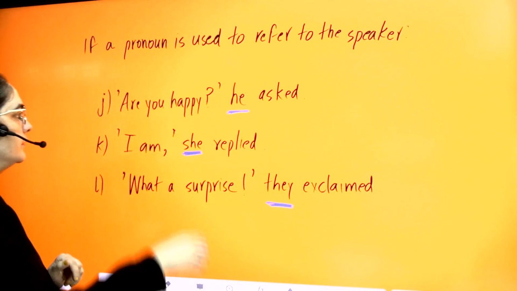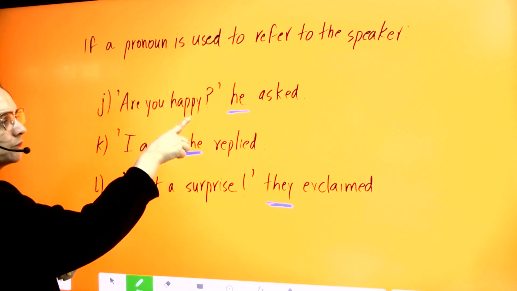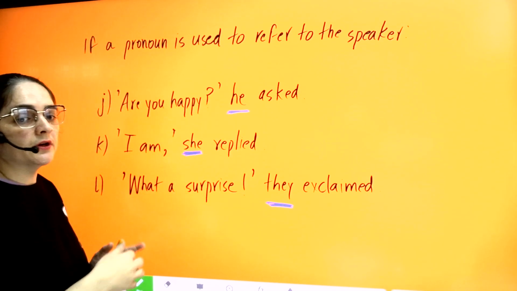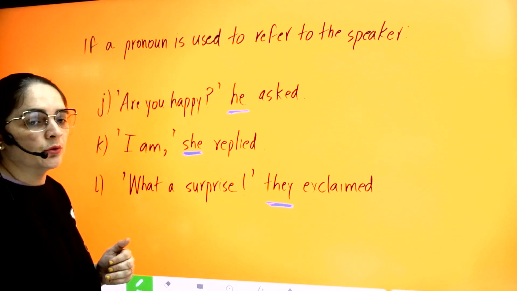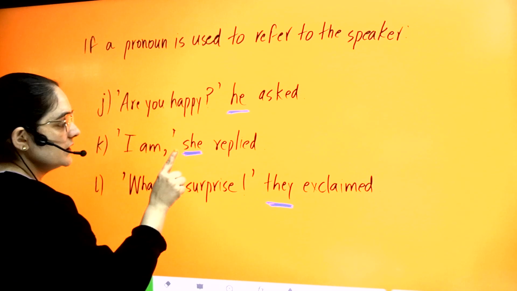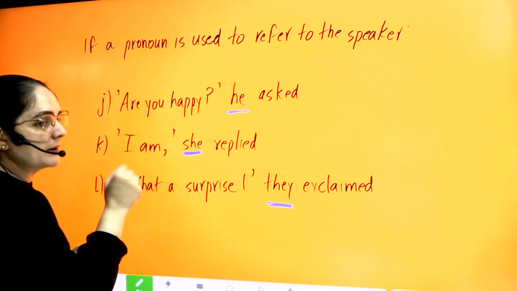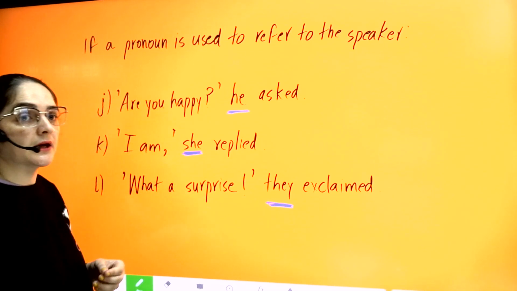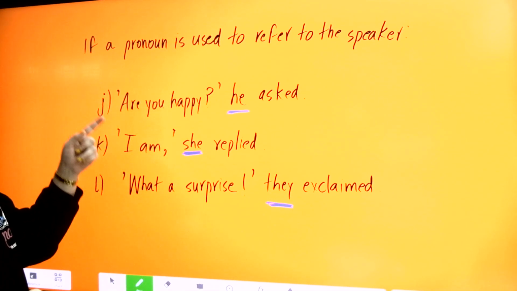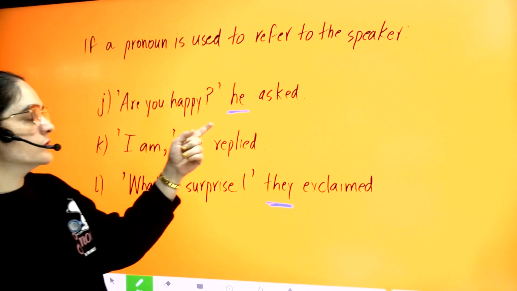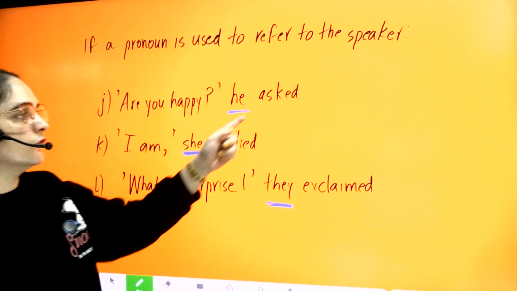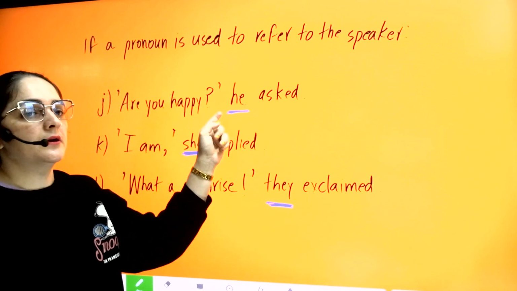For example, "Are you happy?" He asked. We won't say "asked he." Before we were putting the verb of speaking and then the speaker. Here in this case, we'll say "he asked." "She replied." We won't say "replied she." "She replied" is the correct format. "They exclaimed." So be extra careful when you use pronouns in place of your speaker, and for that you need to put the verb of speaking after the pronoun.